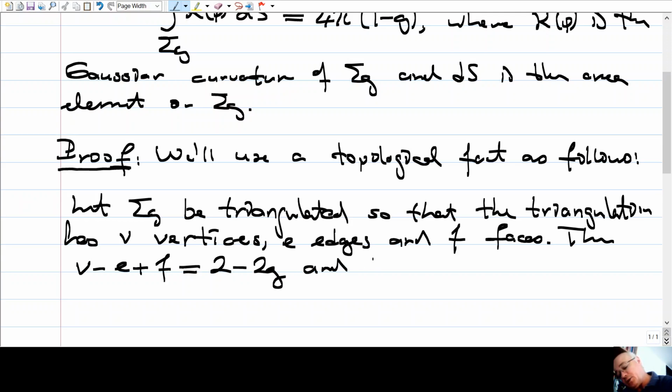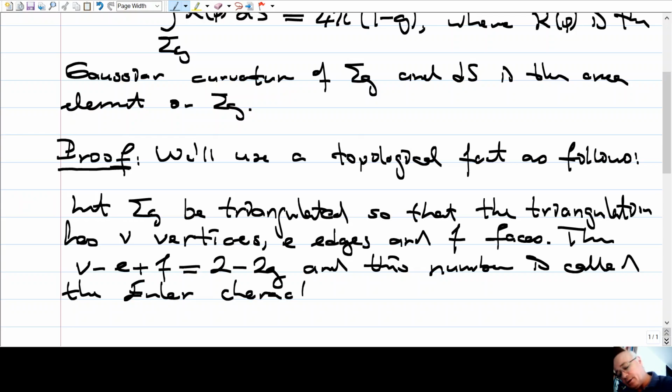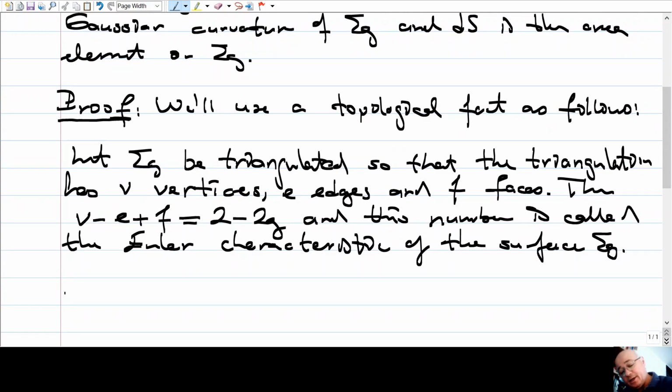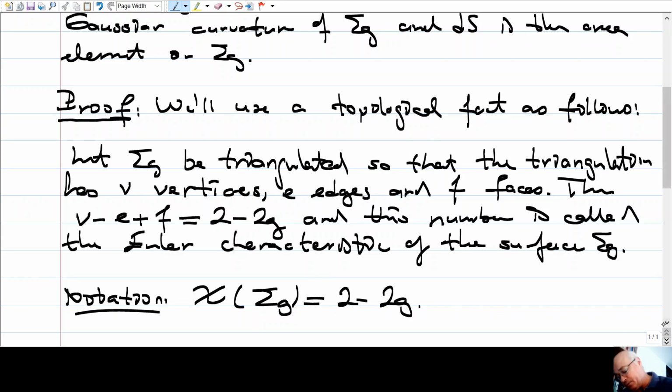And this number is called the Euler characteristic of the surface sigma g, and we will denote this number with this notation: chi of sigma g, the Euler characteristic of sigma g, is just 2 minus 2g.